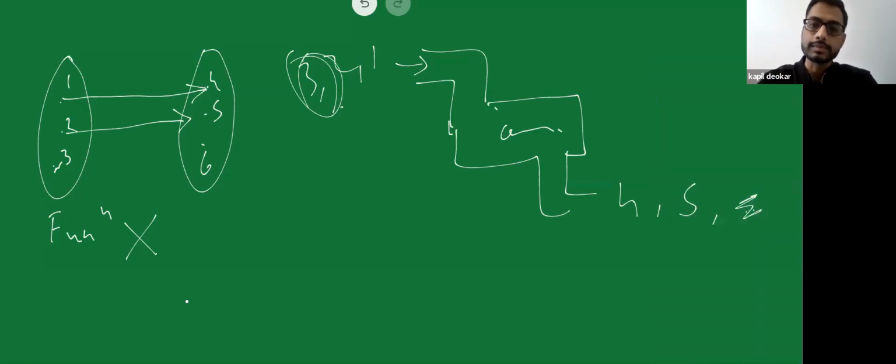Let's revise. It is a function if each and every element in your domain has a mapping with an element in your range. It is not a function if one of the elements in your domain is not mapped.